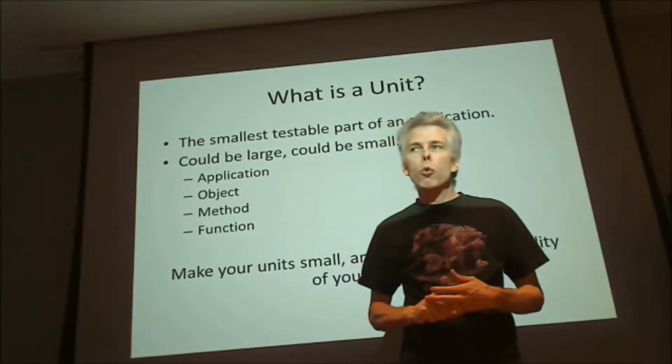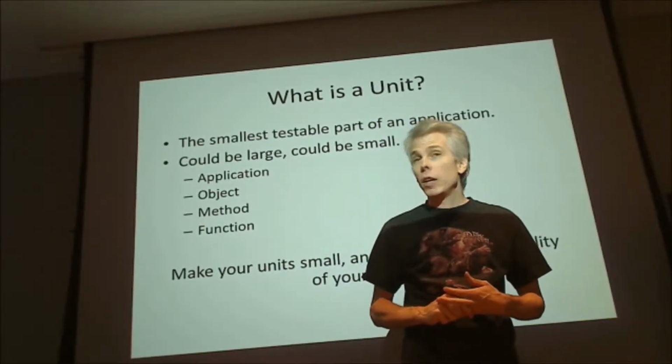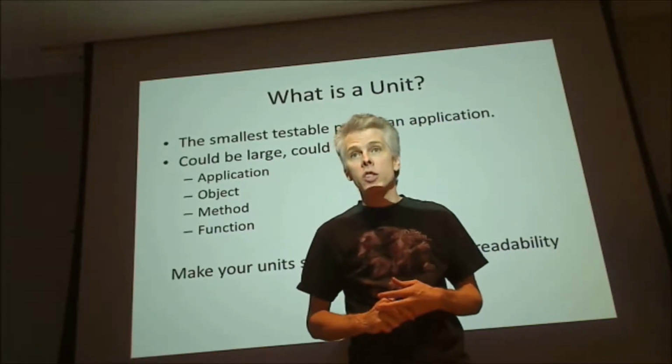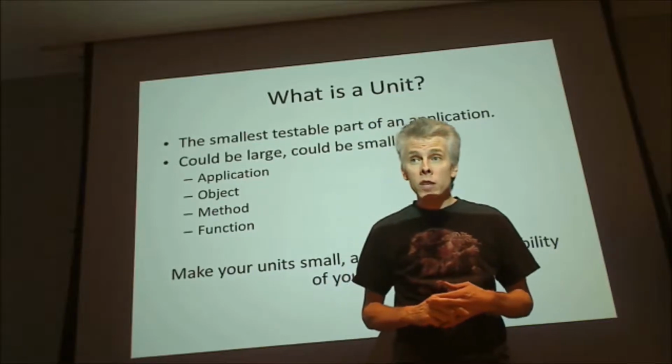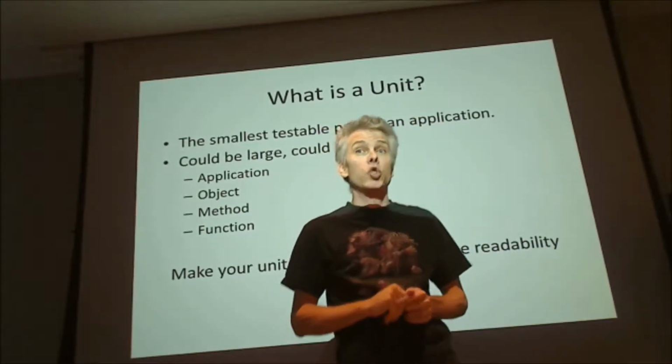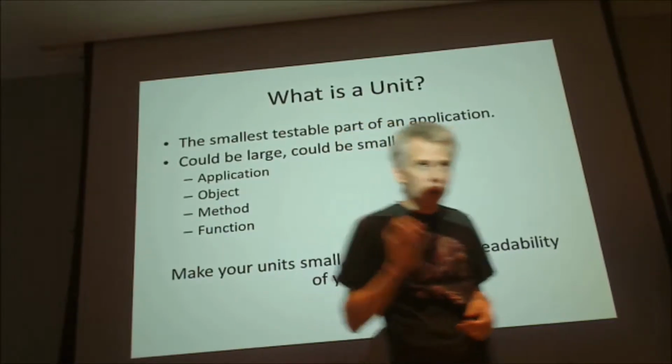Those units are too big to test. If you're going to write unit tests for that, it's going to take you a very long time. If you have small units, your unit tests are going to take you very little time and actually be extraordinarily helpful. Small units.